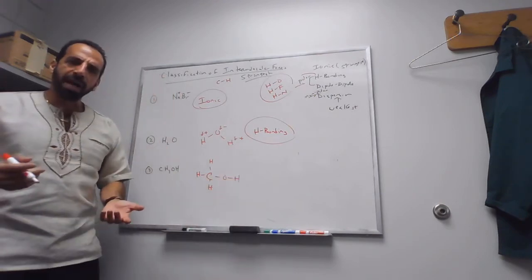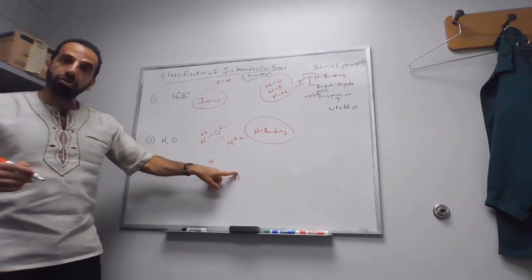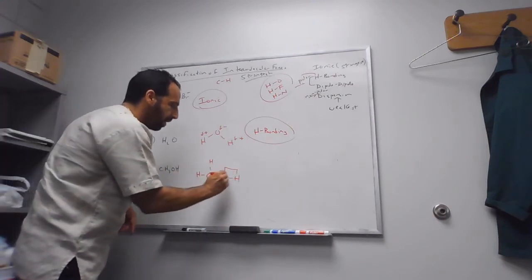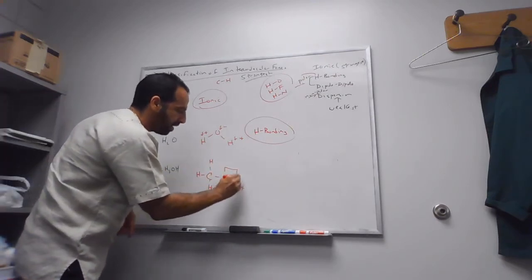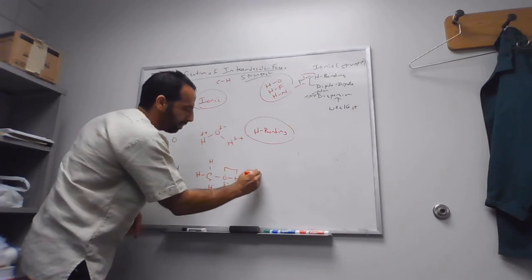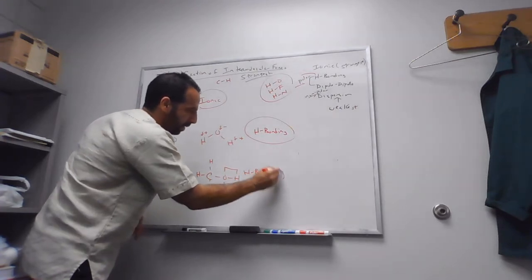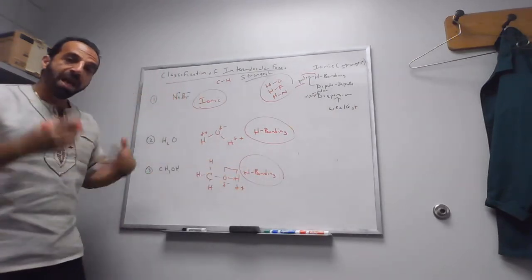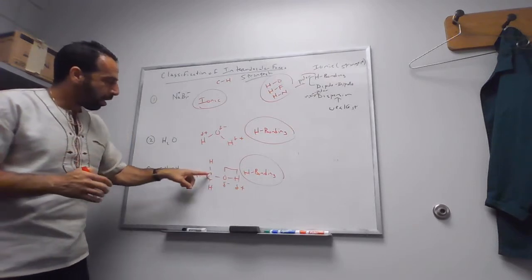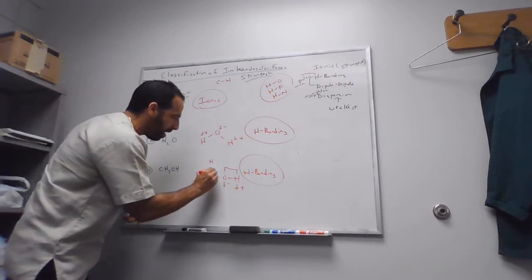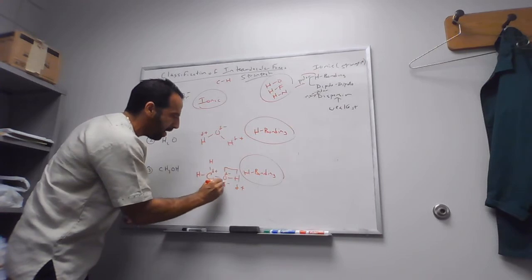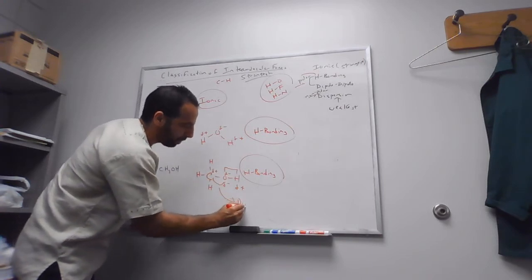This one, let's take a look at this here. If you draw this out, we kind of did this in class. The OH bond is the strongest. This right here is negative and positive. This is hydrogen bonded. So that's the strongest type of interaction. There are other types in there. Carbon-oxygen bond: this is positive and negative. This right here is actually a dipole-dipole.